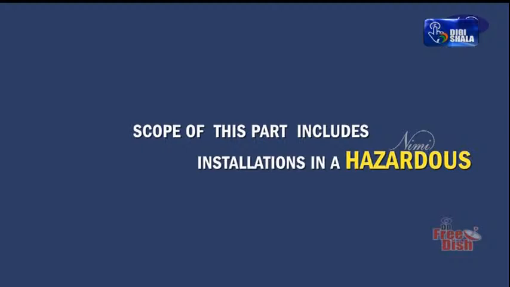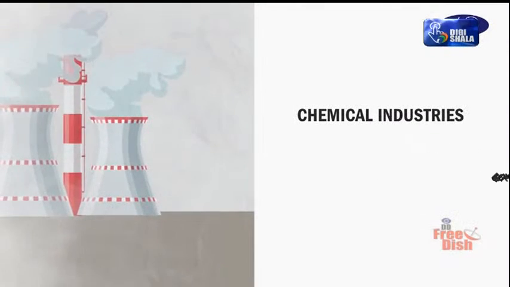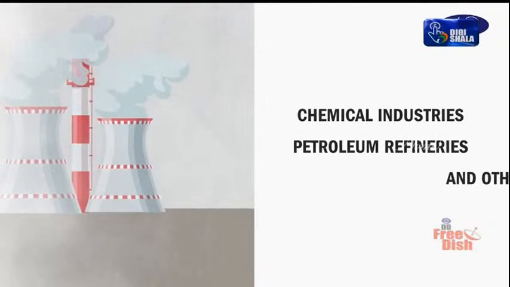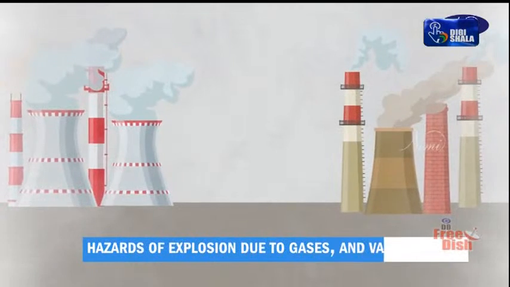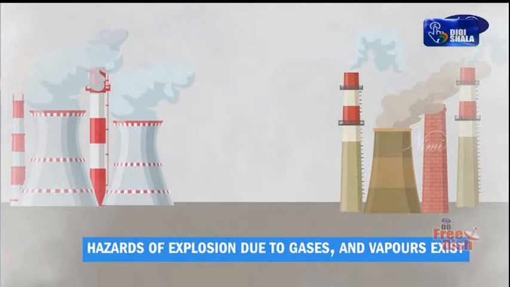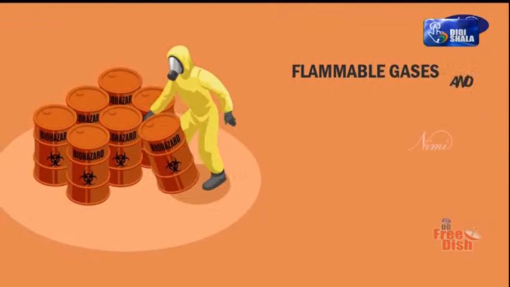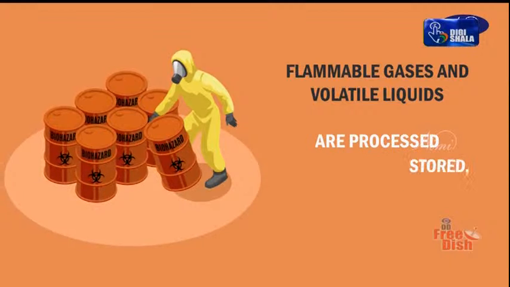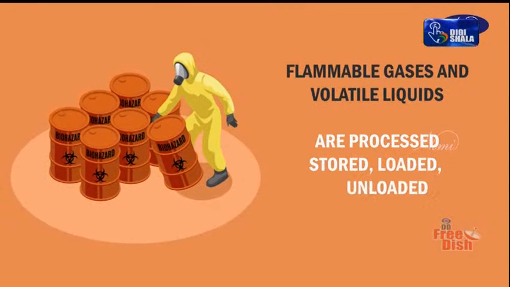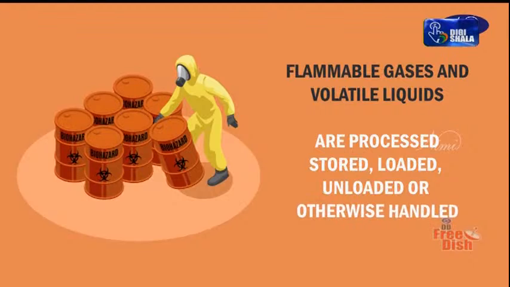The scope of this part therefore includes installations in hazardous areas such as chemical industries, petroleum refineries and other similar areas where hazards of explosion due to gases and vapor exist and in which flammable gases and volatile liquids are processed, stored, loaded, unloaded or otherwise handled.